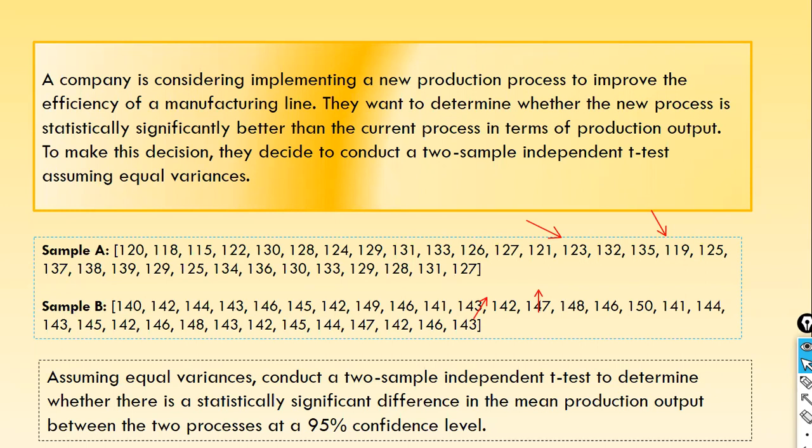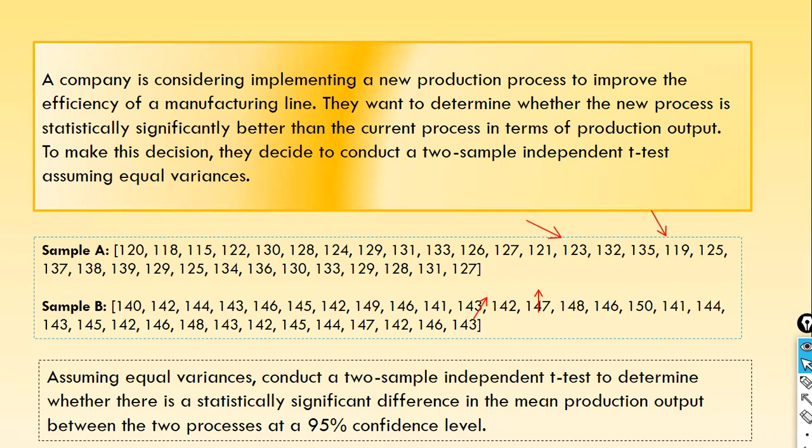They want to determine whether the new process is statistically significantly better than the current process in terms of production output. To make this decision, they decided to conduct a two-sample independent t-test, assuming equal variances. So they want to improve the efficiency of the manufacturing line, for example, to improve productivity.